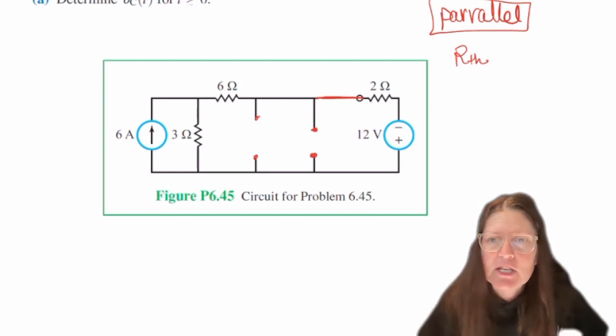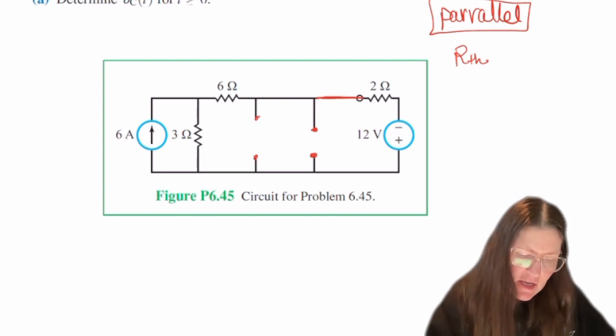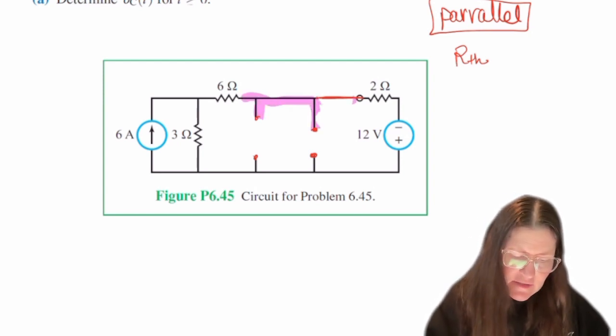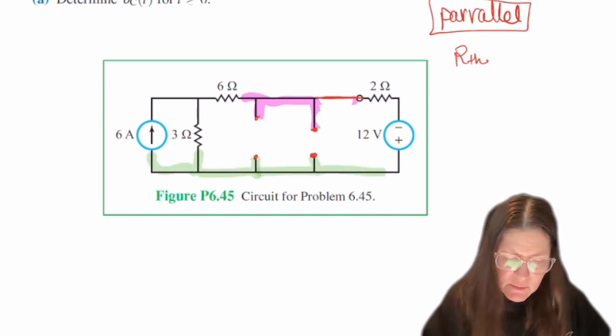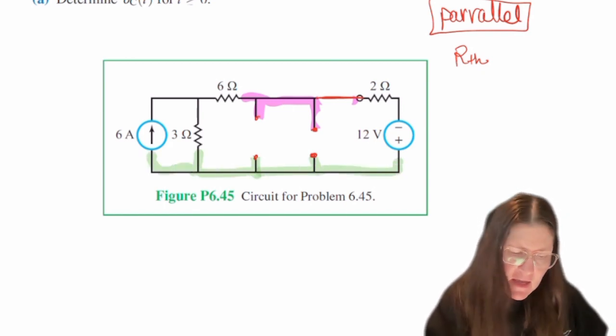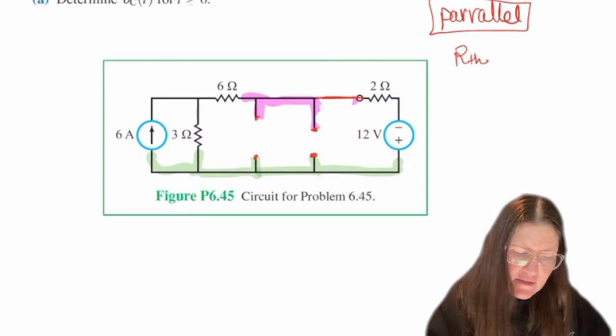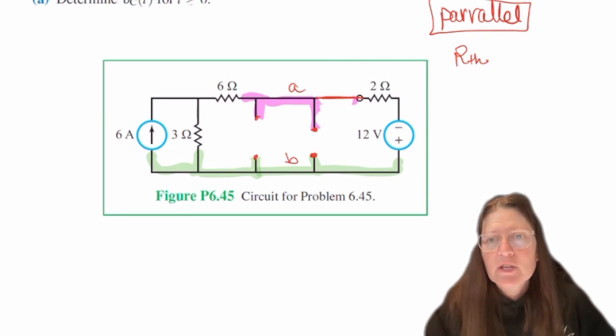So for RTH, we again use this final circuit. And on this, I can see that this top is the same node as the bottom. And so I'm going to put the top node as A and the bottom node as B. So this would be my A and my B. With independent sources, I'm going to set them equal to 0.